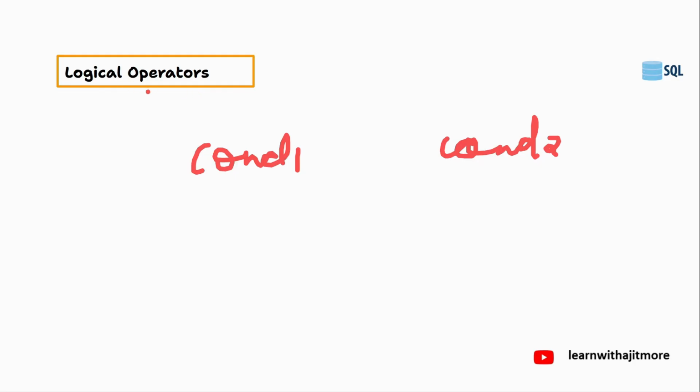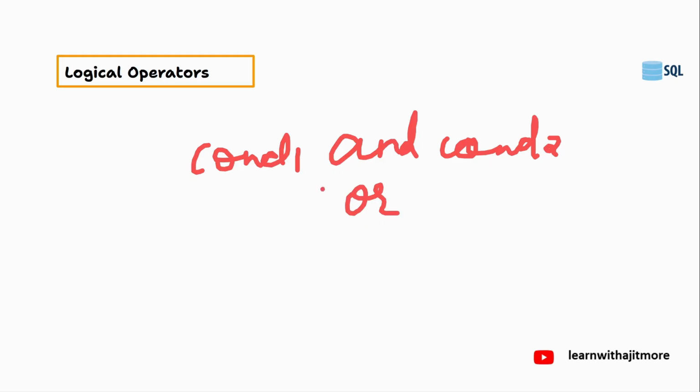So who are under logical operators? We have and. We call it an operator, but remember it is a keyword also. Now in case of and, when both the conditions are true, the result is true. The result is true when condition 1 and condition 2 both are true. Then we have or.